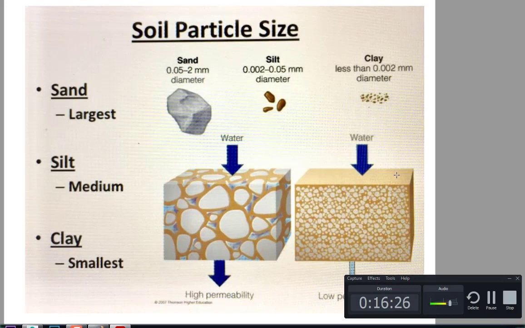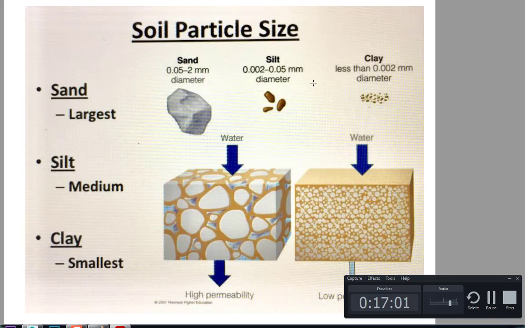Generally soil is composed of three different things: sand, silt and clay. Sand particle size varies between 0.05 millimeter to 2 millimeter in diameter. After the sand, the silt particles have a diameter of 0.002 to 0.05 millimeter.